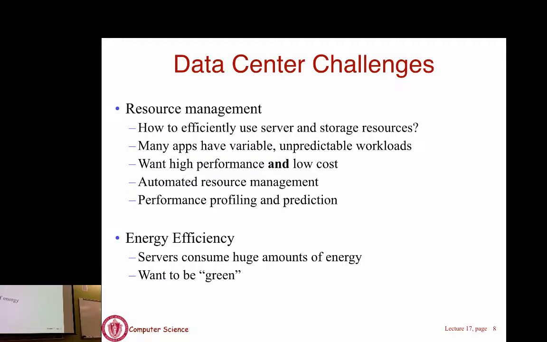A better example of unpredictable workloads would be some outbreak news, where suddenly everyone is interested and swarms one particular service. So how do you manage your resources to enable all these apps with variable and unpredictable workloads to function well, even with the workload changing?